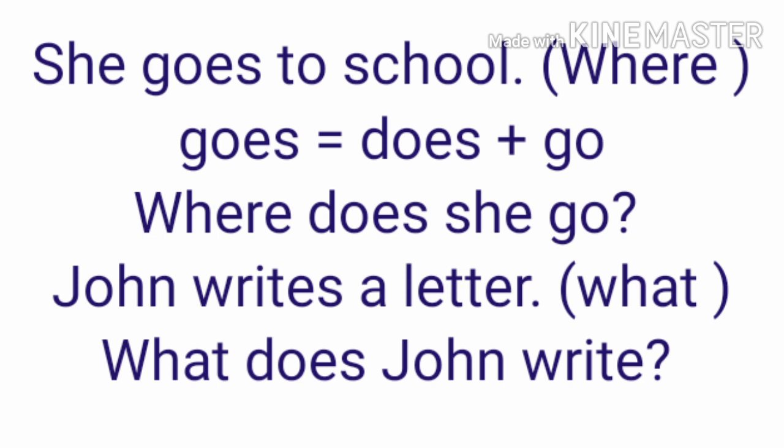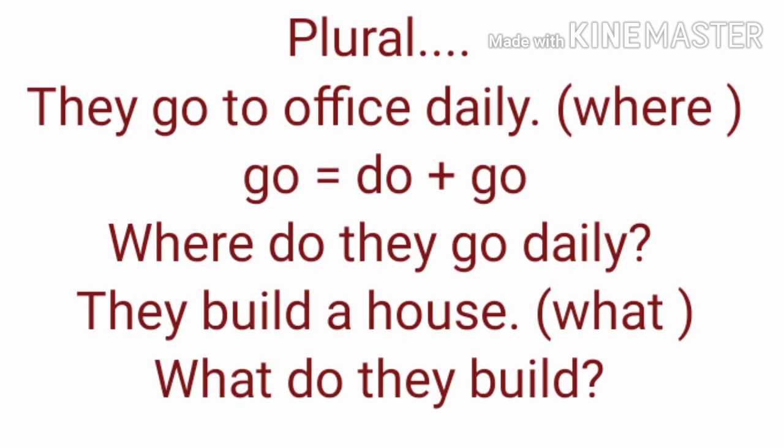John writes a letter. The question word what is in the bracket. Writes is the verb here. Writes is equal to does plus write. So let's start. What does John write? And now plural verb.